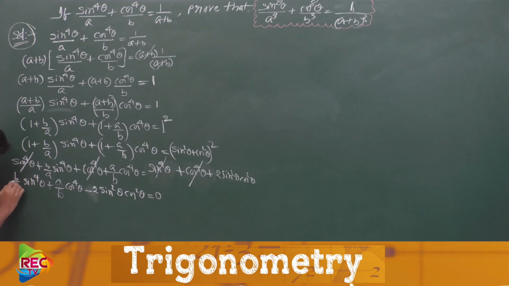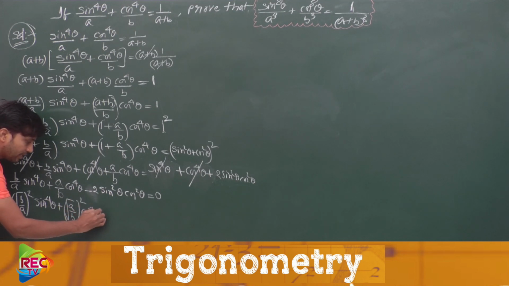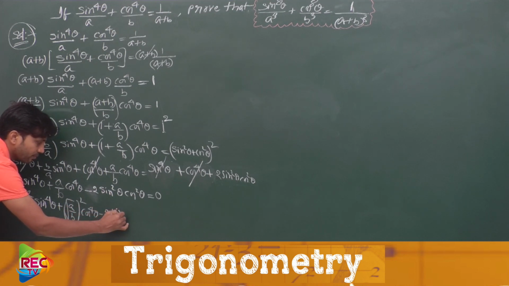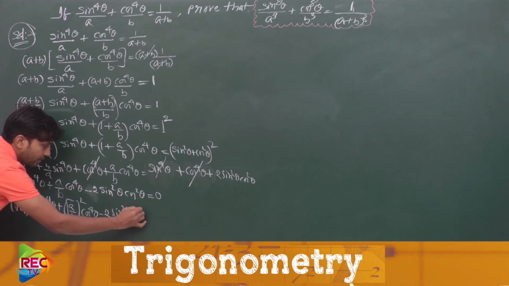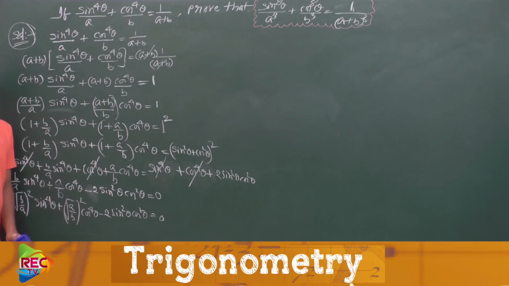So see this here. This b/a I am writing as (root of b/a) whole squared, so (√(b/a))² sin⁴θ. Similarly, I am writing this a/b as (√(a/b))² cos⁴θ, minus 2 sin²θ cos²θ equals 0, right?